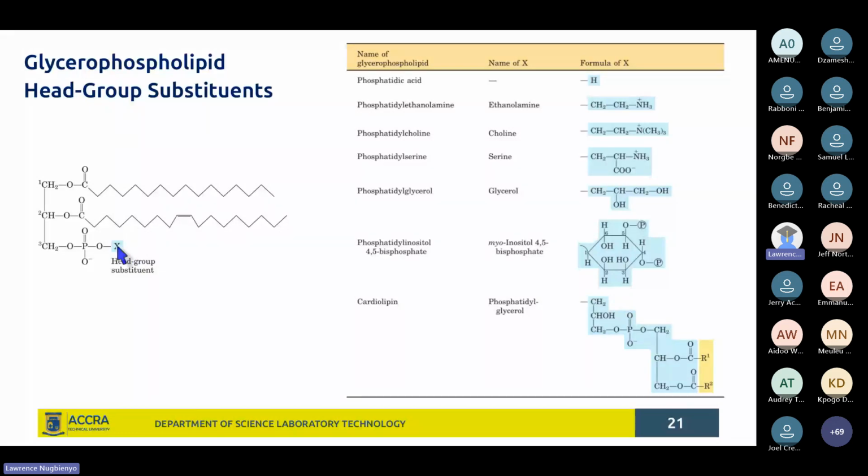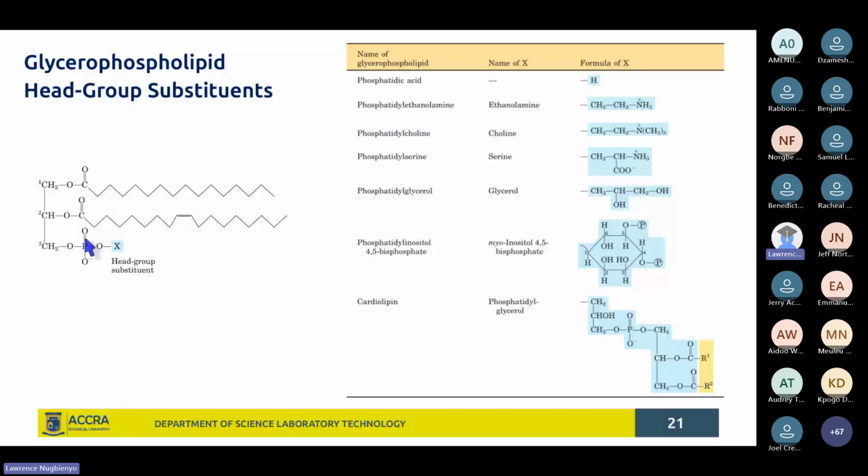That can be any other component that binds there. So for instance, if that X is just hydrogen, it means you just have a phosphate group there. That is phosphatidic acid. And phosphatidic acid is actually the parent molecule of all glycerophospholipids, because that's just a phosphate group, and it is on a phosphate group that all the other substituents come to bind.